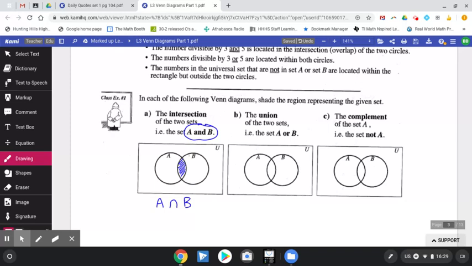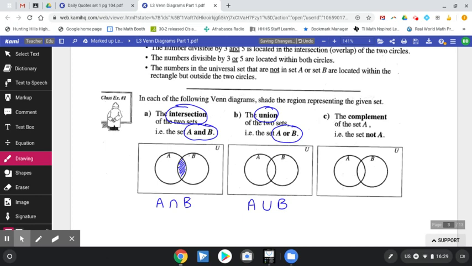And the next one, the union of two sets. So with words, we'd say A or B, and with symbols, this is how A union B would look.